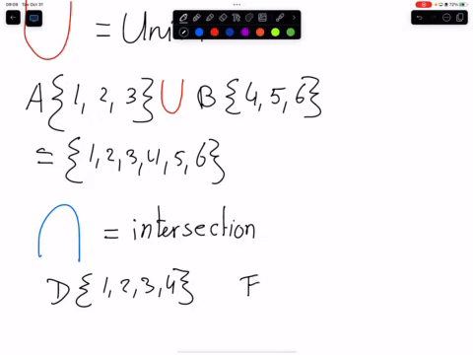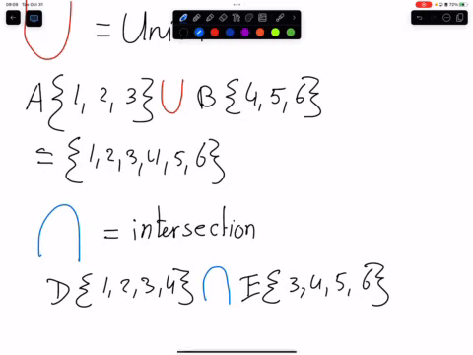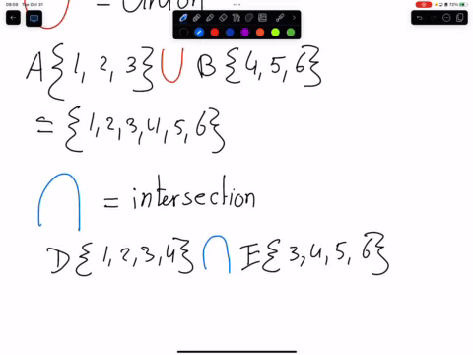We have a set E, 3, 4, 5, 6. And then they ask you, give me the intersection of set D and set E. Now the intersection means, what do both sets have in common? That's what you have to look for.